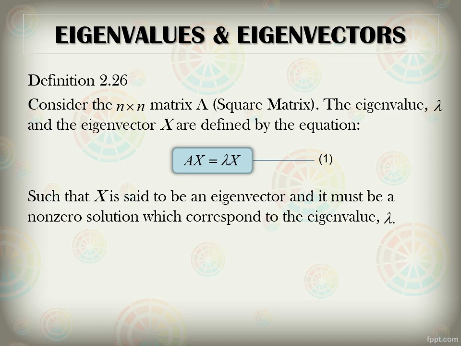In fact, eigenvalues and eigenvectors can maintain the relationship between the variables. Besides that, eigenvalues and eigenvectors can be expressed as a general solution to the system.